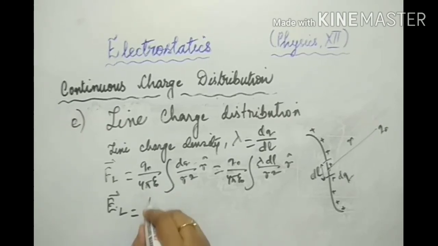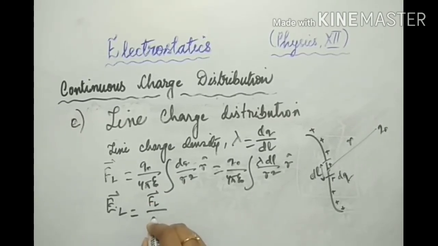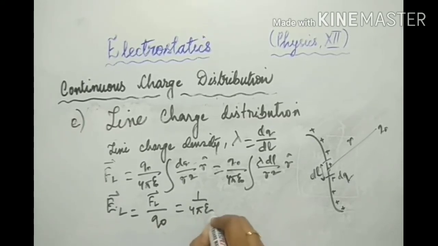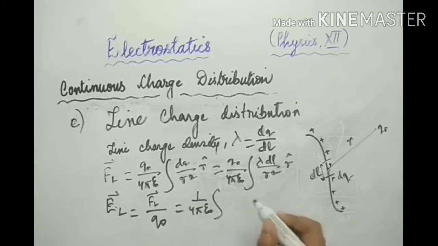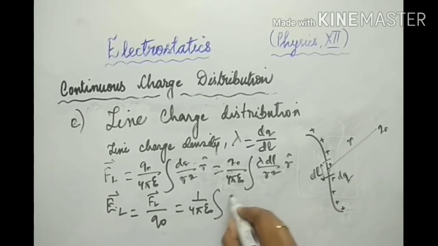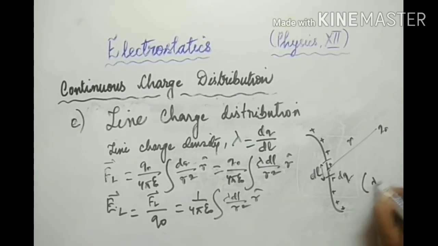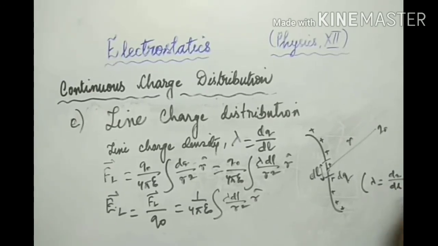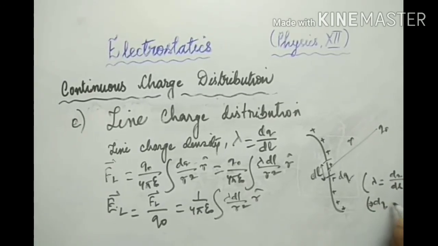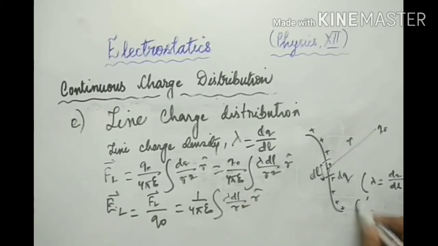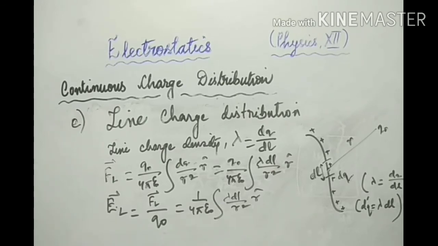You will write it in terms of F of L by q naught. So 1 by 4 pi epsilon naught integration of lambda dl by r square. Since lambda equals dq by dl, therefore dq equals lambda dl.